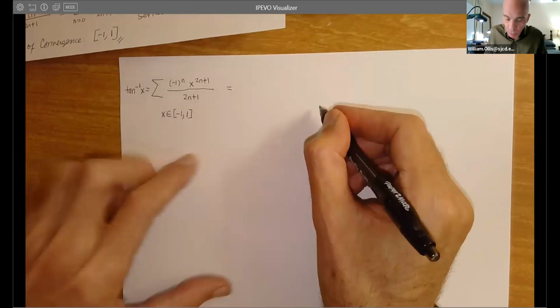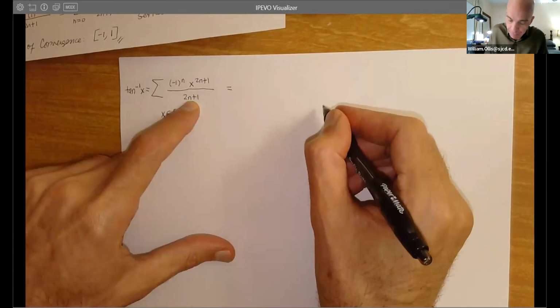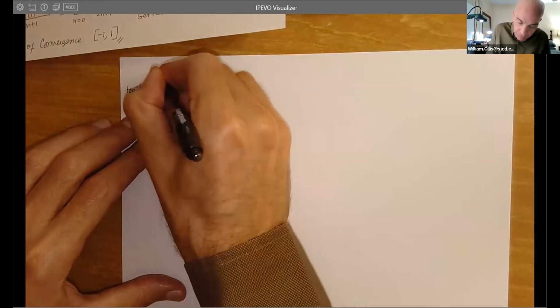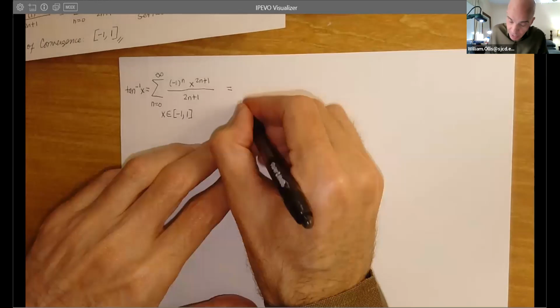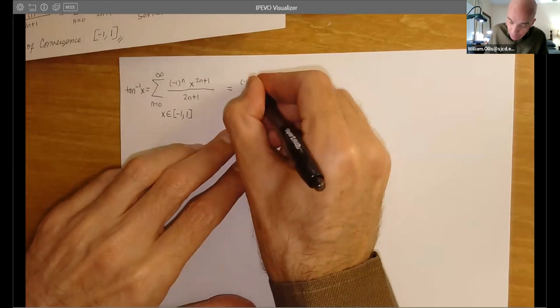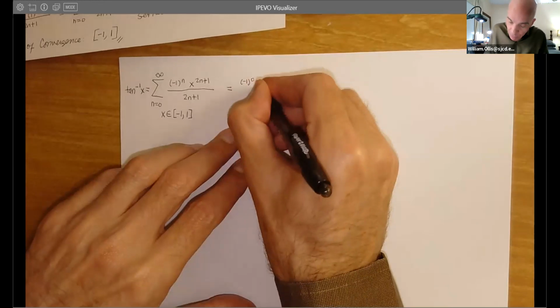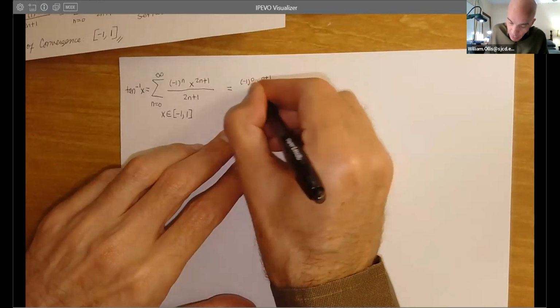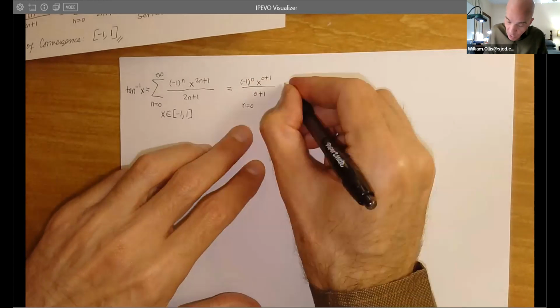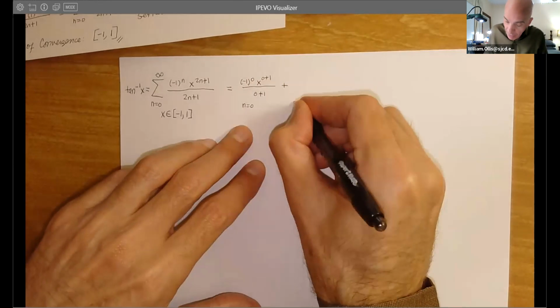So now we can let n equal 0. Sorry, let's just write down what we have here. So let's write down a few terms. So n equals 0. So we're going to get (-1) to the 0, x to the 0 plus 1 over 0 plus 1. And then let's look at the next term. We have n equals 1.